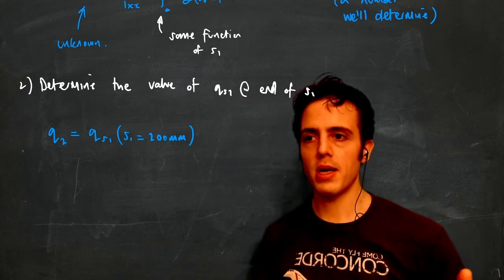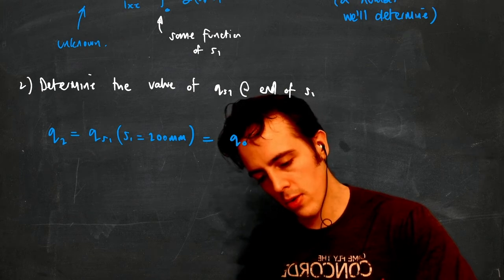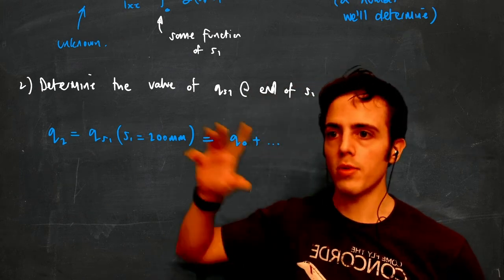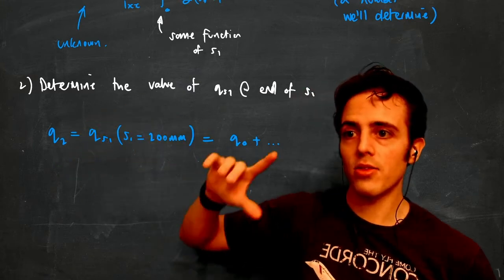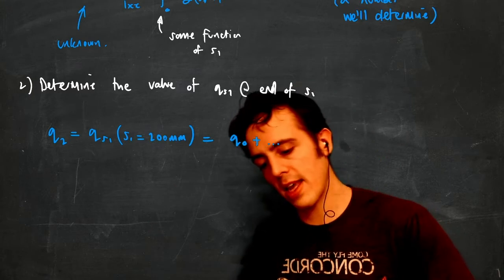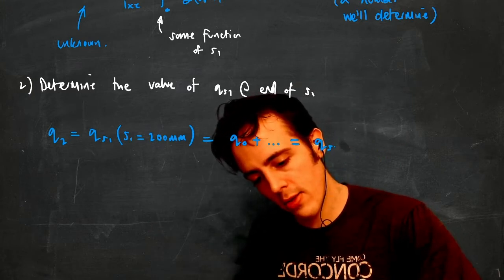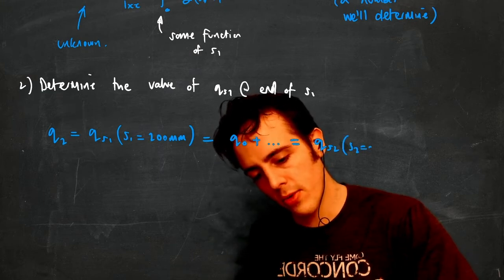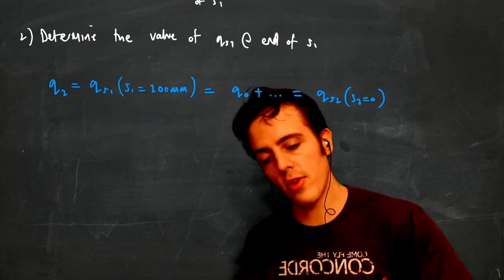And what that would end up being, this would still be Q0 plus some other terms. This then gives me the starting value for Qs2, and S2 is equal to 0. So we could then determine the distribution in Qs2.